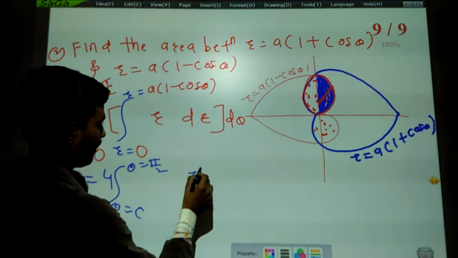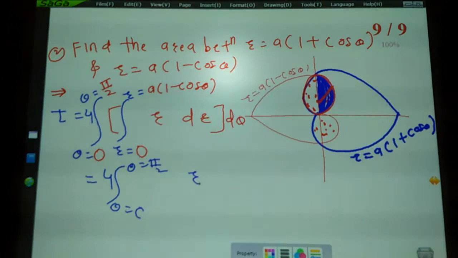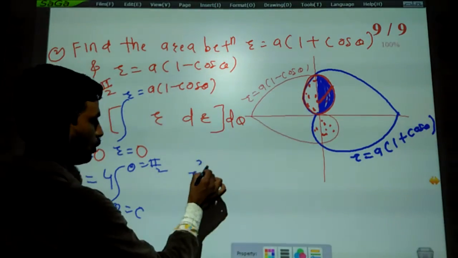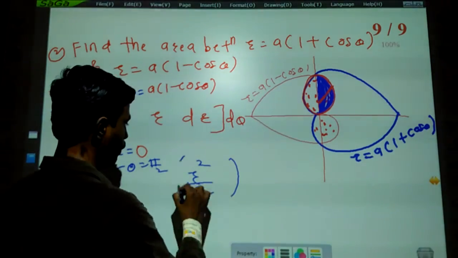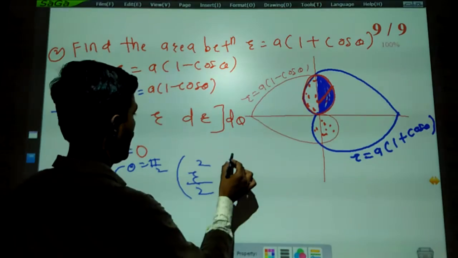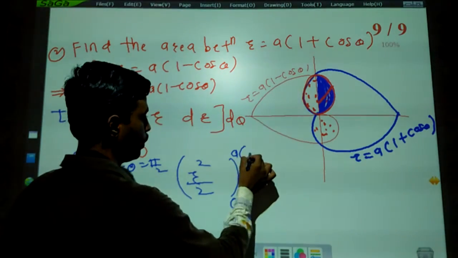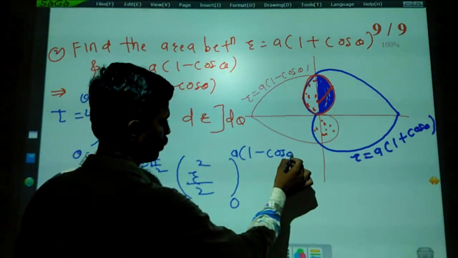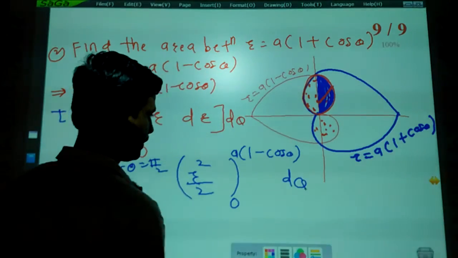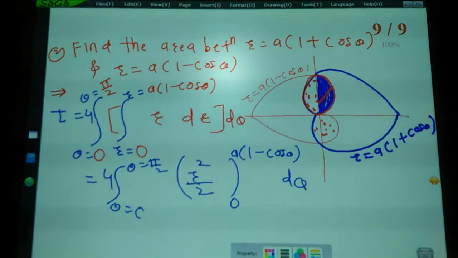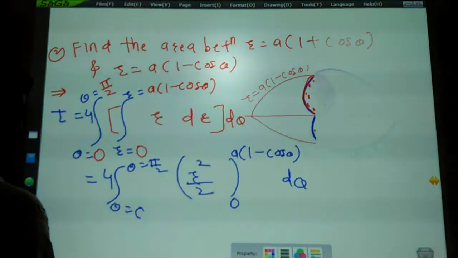What is the integration of r dr? Tell me. r square by 2. Lower limit 0, upper limit a into 1 minus cos theta, d theta. So 1 by 2 is a constant which is outside the integration.